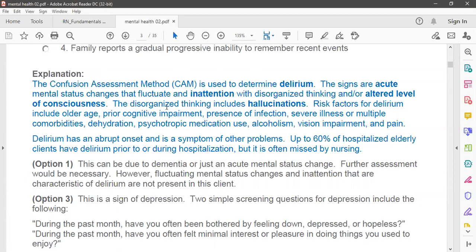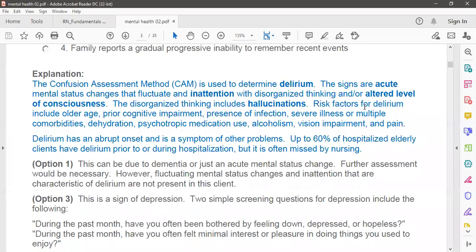Disorganized thinking includes hallucination: abnormal, false thinking with perception is a hallucination. What is the difference between hallucination and delusion? Delusion is only a false belief without perception.